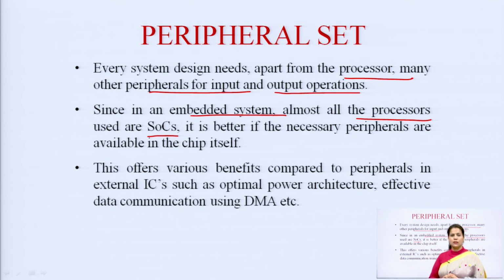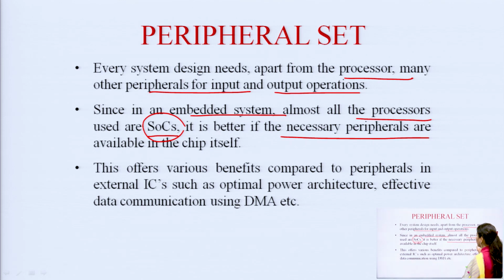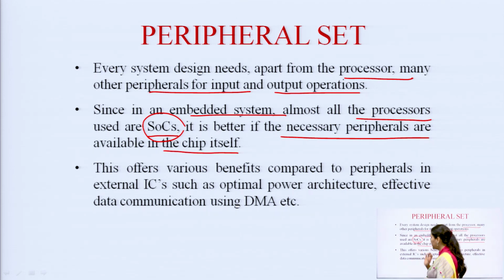What are SoCs? System on chips. To make the applications more and more compact, when we are considering handheld devices, we know that they should be compact enough. To achieve such challenges, system on chips are important. So, it is better if the necessary peripherals are available in the chip itself.